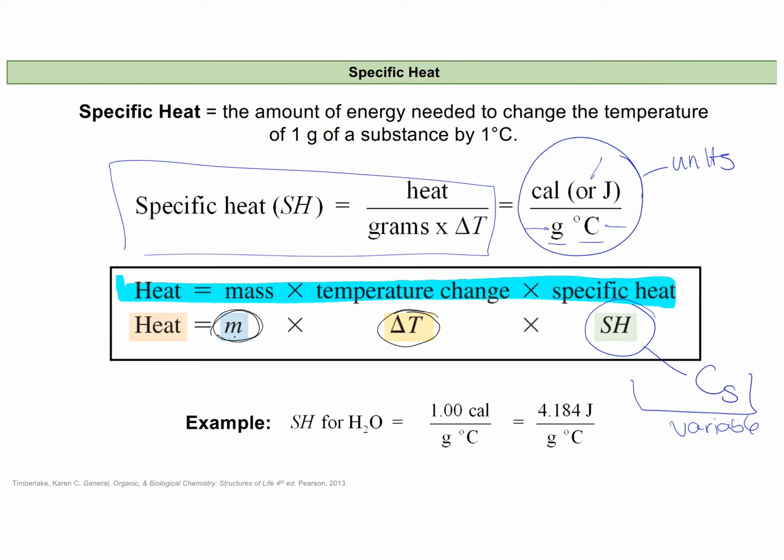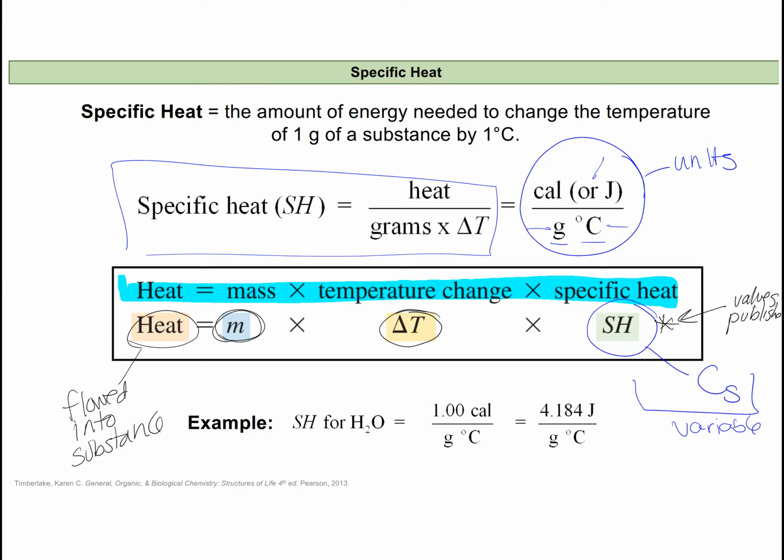If we know its mass, we'll know how much heat flowed into the substance if we also know the specific heat for it. And these are usually values that you can look up in a table, and they're often published.